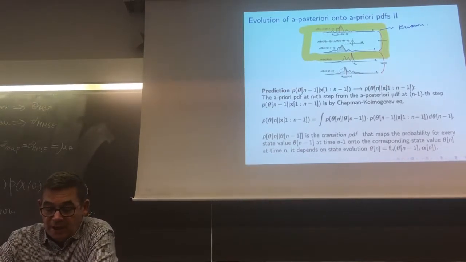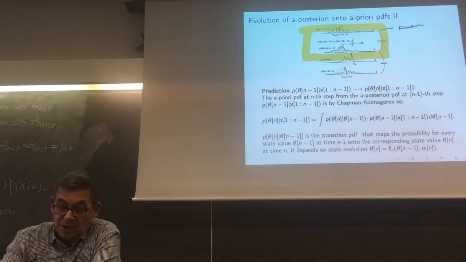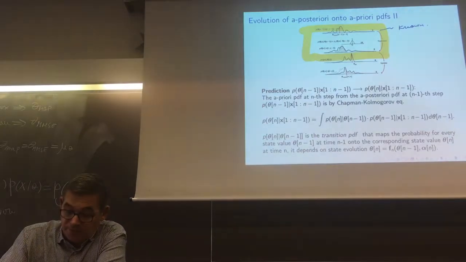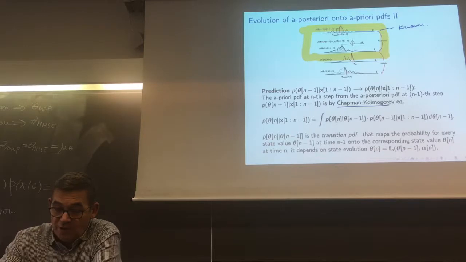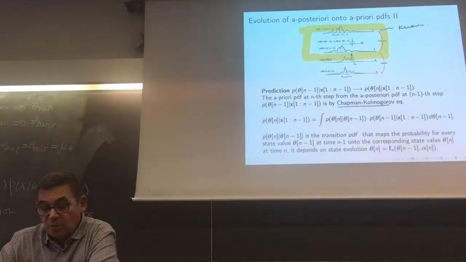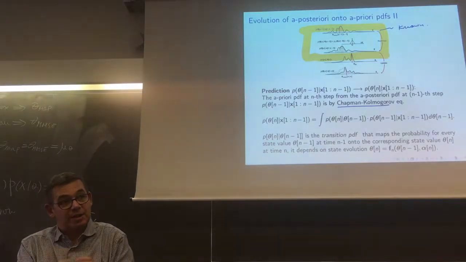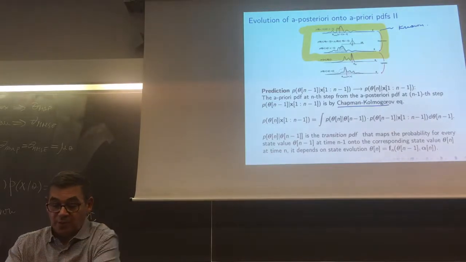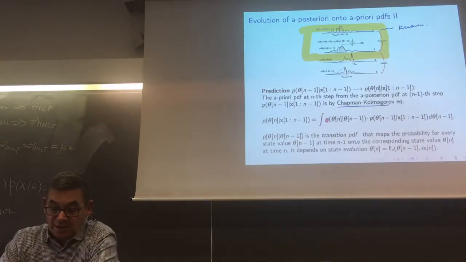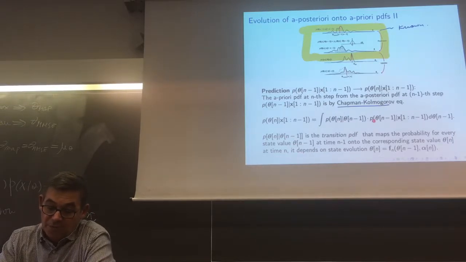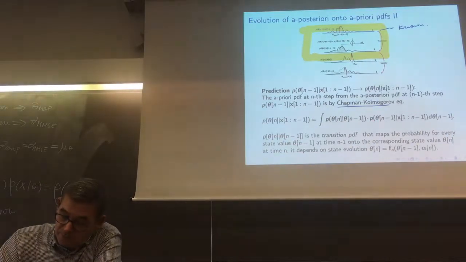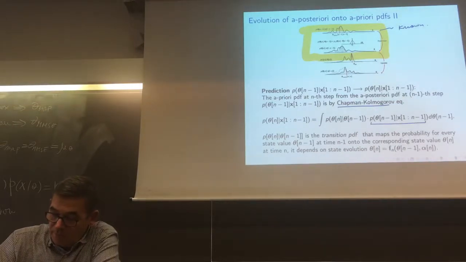Now, to update that, I'm using the Chapman-Kolmogorov equation. Chapman-Kolmogorov puts in equation what I was intuitively telling you. It is the integral of the a posteriori at the time n-1.